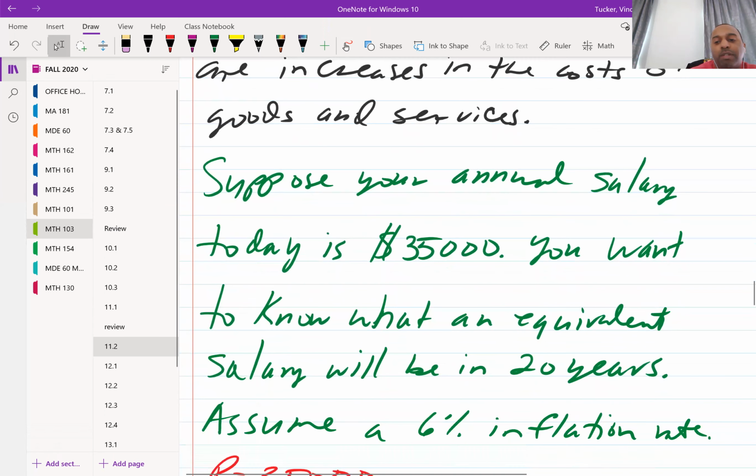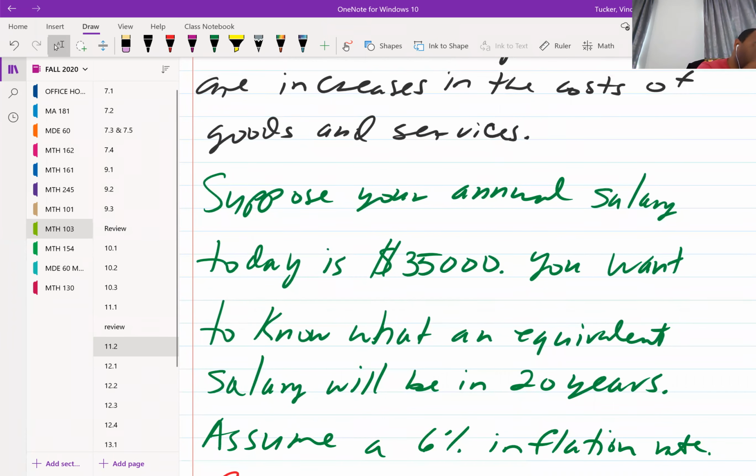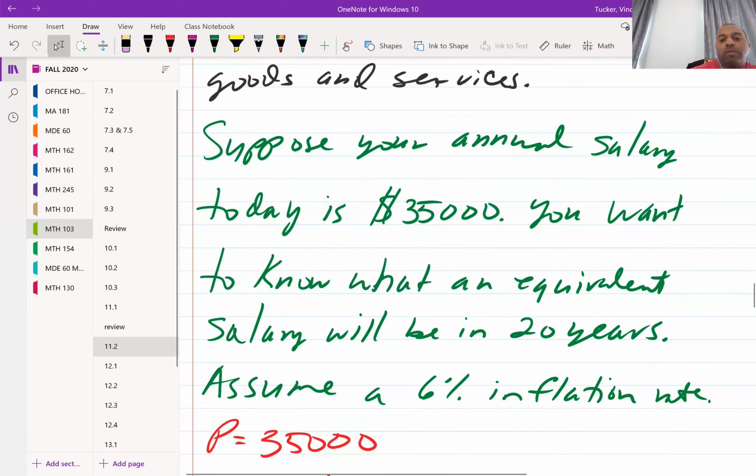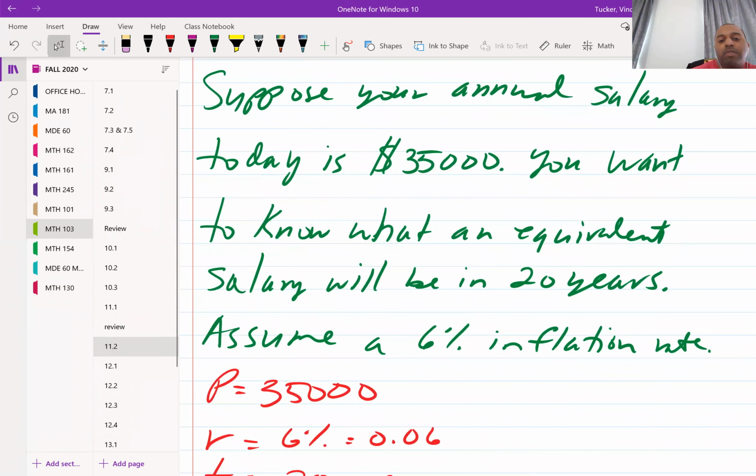Assume a 6% inflation rate. So 35,000 is your principal, your initial amount.